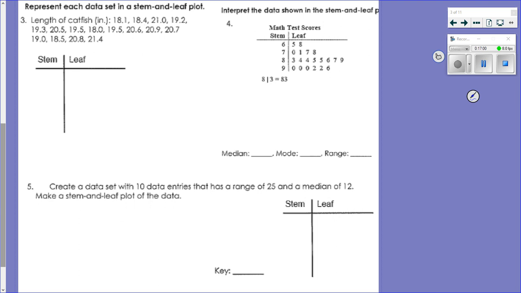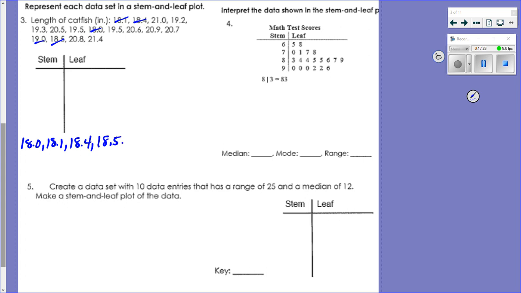So starting on this one, my lowest one's an 18.0. I've got an 18.1. What did I skip? I've got 18.4. I've got 18.5. That's all the 18s.